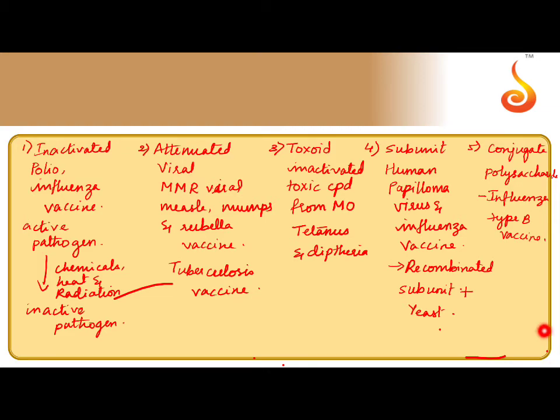With that, we are left with the last one, that is heterotypic vaccine. Heterotypic vaccine is also called Jennerian vaccine. The reason we call it this way is because for the first time Jenner had used this. So Jenner, what he did was he used cowpox extract to cure smallpox.